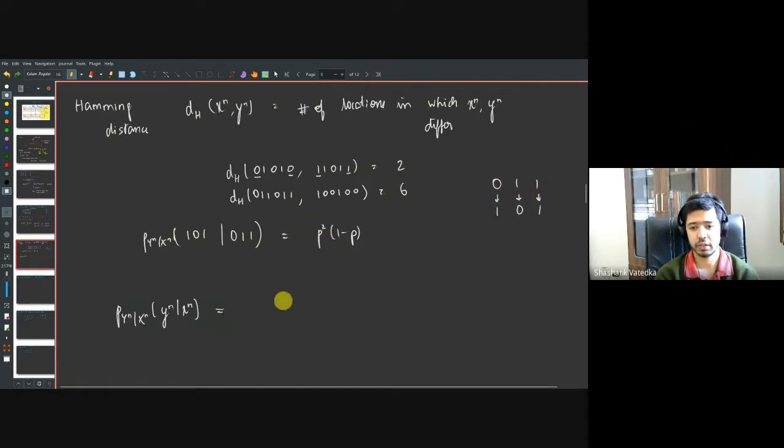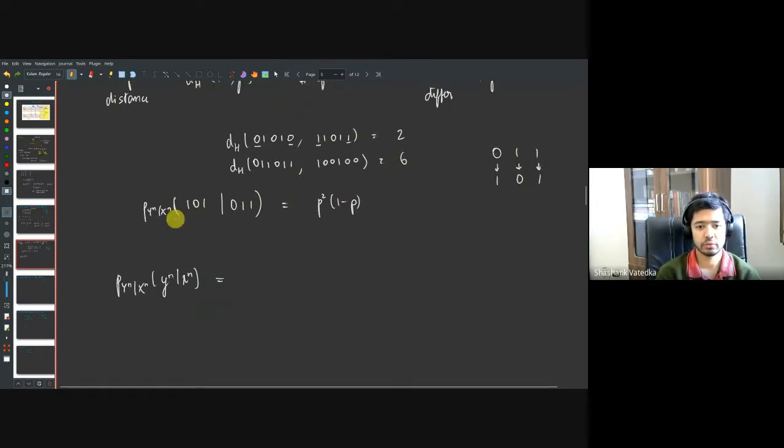So it is p square into 1 minus p. Okay. So similarly, P of y^n given x^n of which one? Let's take this particular example: 0 1 0 1 0 given 1 1 0 1 1. What is this?